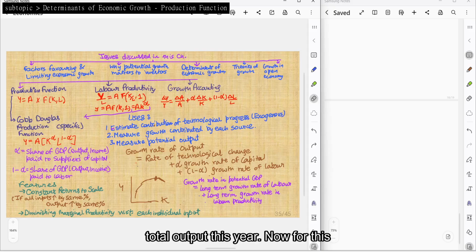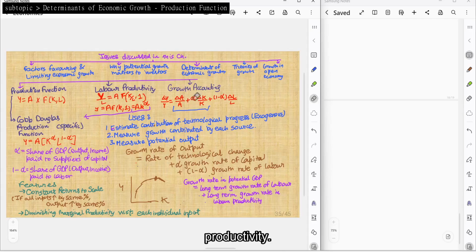Now this equation we could also express differently. It says growth in potential GDP equals the long-term growth rate of labor plus the long-term growth rate in labor productivity. Basically what has happened is we are calling these two terms combined the long-term growth rate in labor productivity.